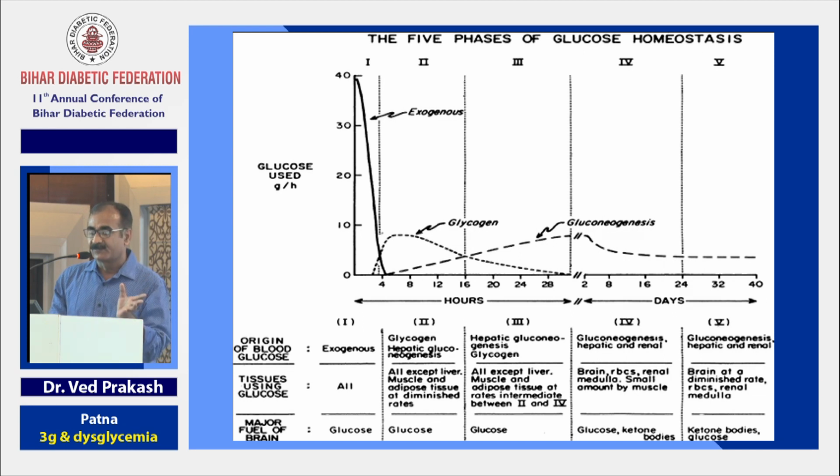In stages 4 and 5, the major fuel for the brain shifts from glucose to ketone bodies. So in prolonged fasting, the brain ultimately starts using ketone bodies as fuel instead of glucose.